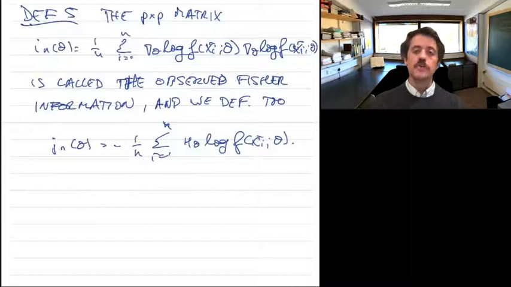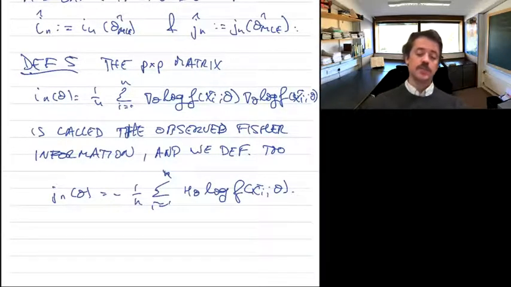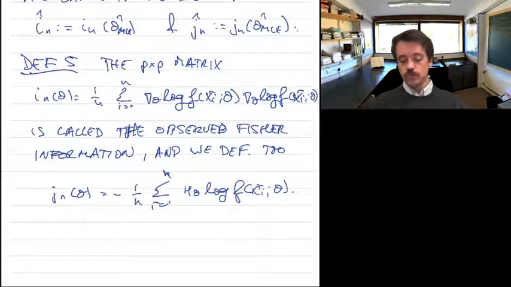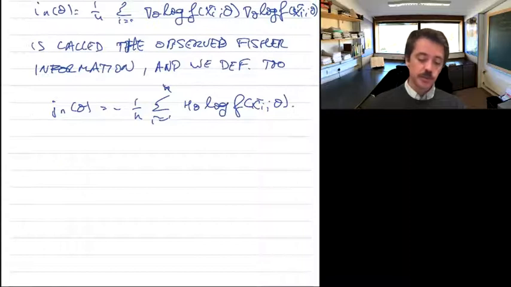Okay, so let me now introduce proposition 4 about these two quantities. They are intuitive, or at least they make sense as estimators, so now we need to prove something about them, that they have some desirable properties.